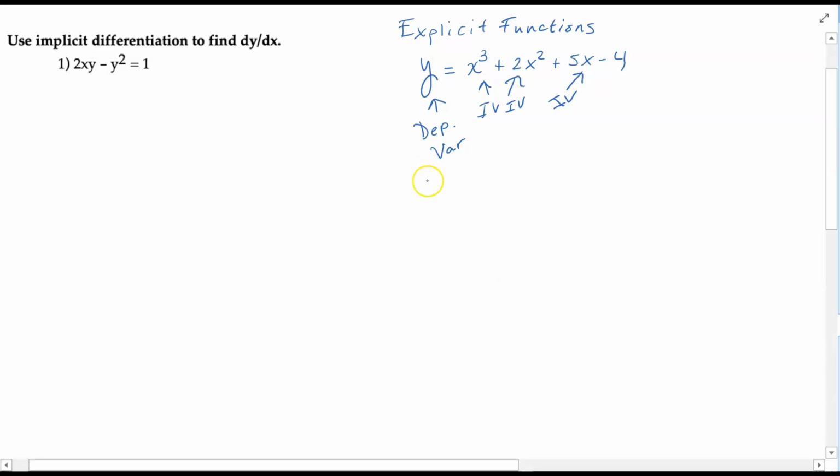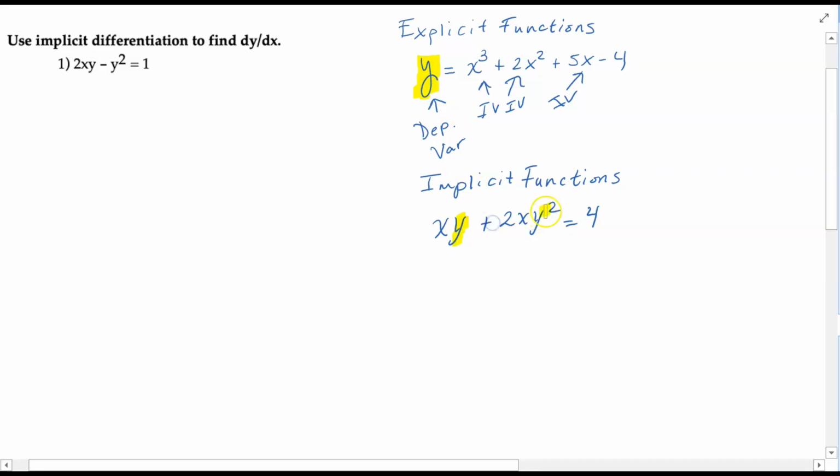When you have what's called an implicit function, and that's what we're talking about today, you might have something like xy plus 2xy squared equals 4. Notice the difference. Over here, y was its little dependent variable right by itself.